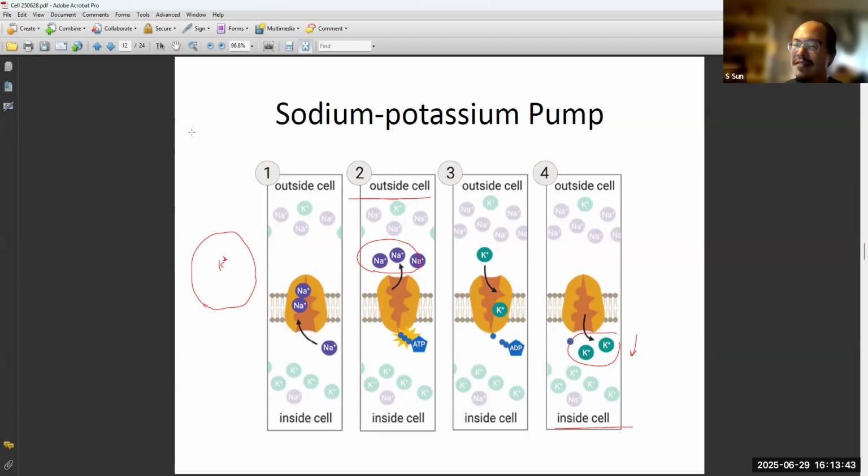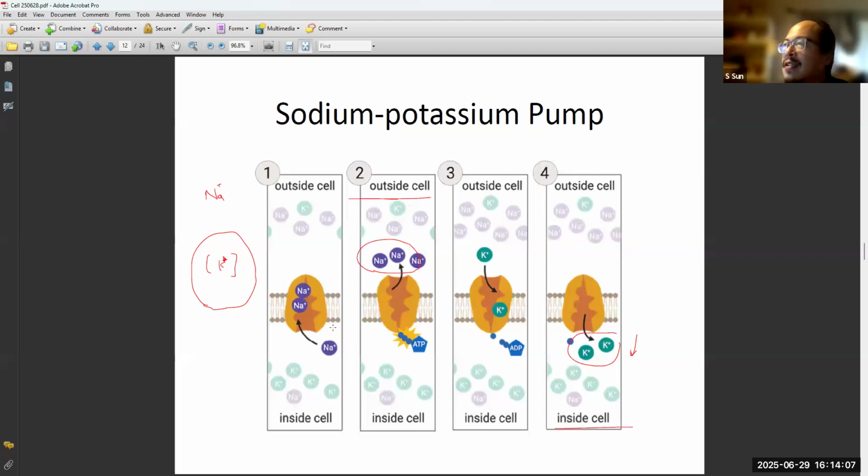So it's out, it's gone. But you're going to accumulate potassium inside of the cell. Okay, you can put sodium outside, that's fine. Everything else is outside, but potassium is inside. So you trap potassium inside of the cell.